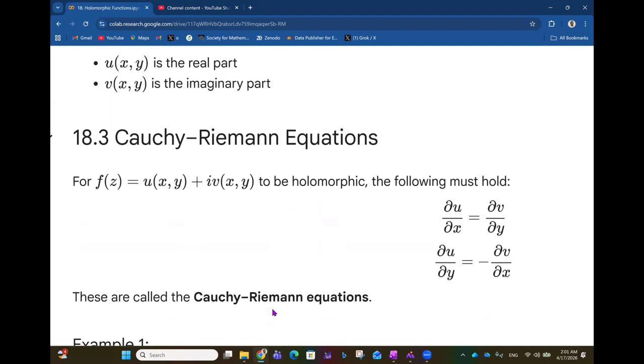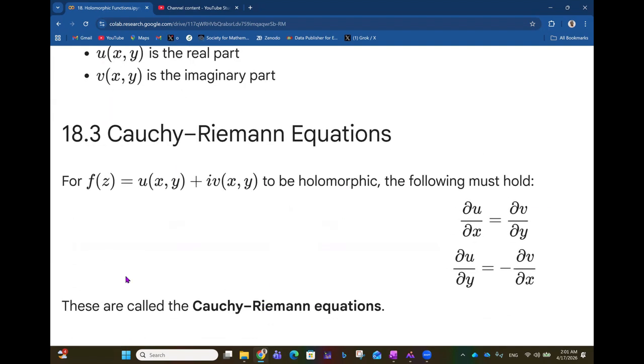In the last video, we saw the Cauchy Riemann equations, which are very interesting. For f of z equals u of x comma y plus i v of x comma y to be holomorphic, the following must hold.